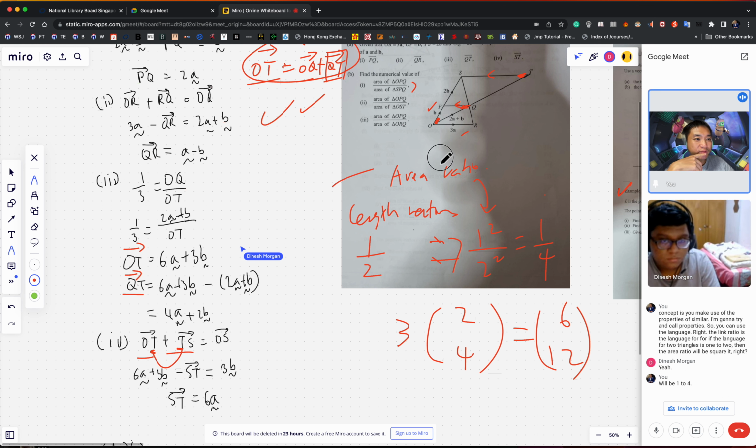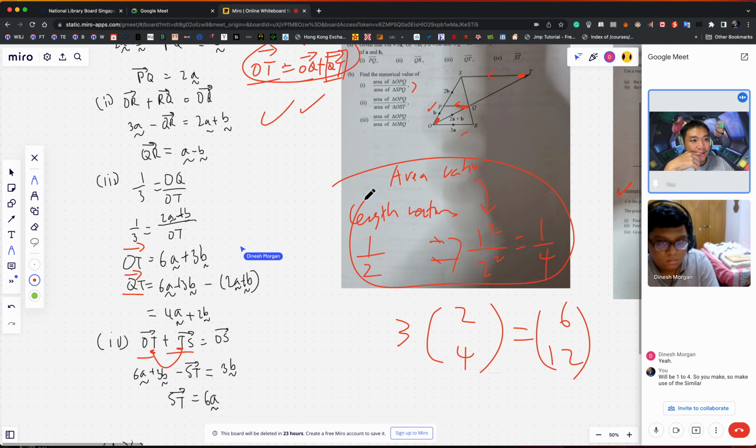So you make use of the similar triangle properties. In a way, you have to prove similar triangles, then you can make use of the similar triangle properties.